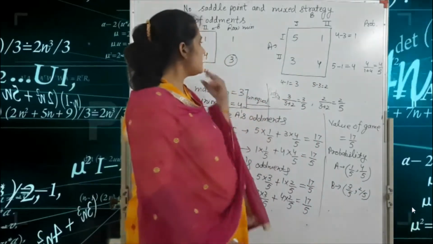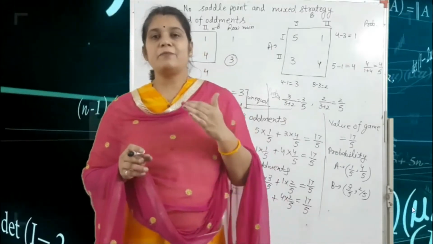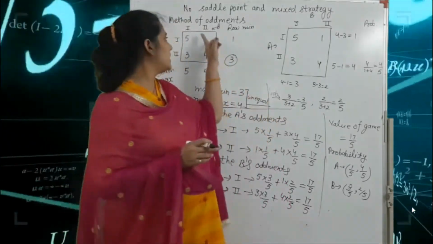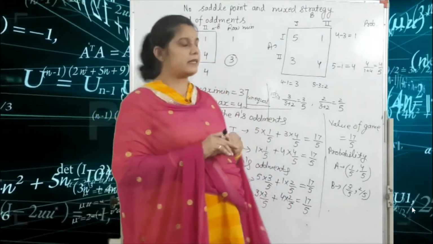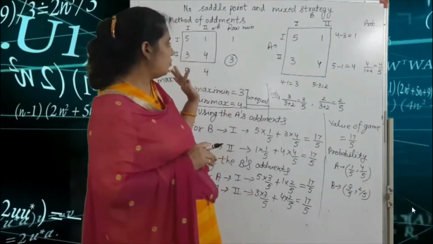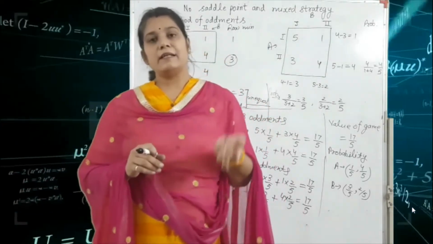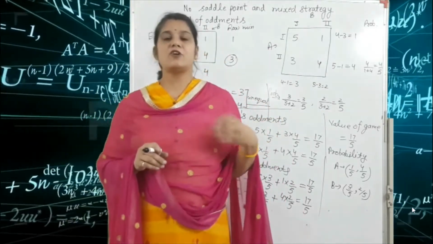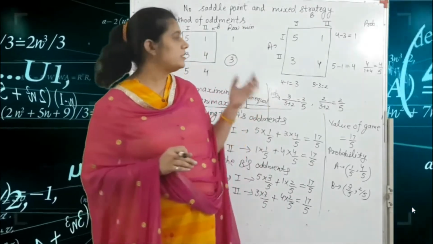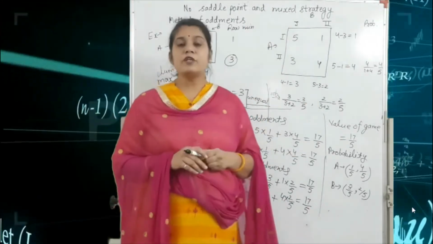Okay, so this question is very interesting and very important, done with the help of a 2 by 2 matrix. Here the entries are 5, 1, 3 and 4. First you check whether there is a saddle point or not. If there is no saddle point, then we use this method, the method of oddments.